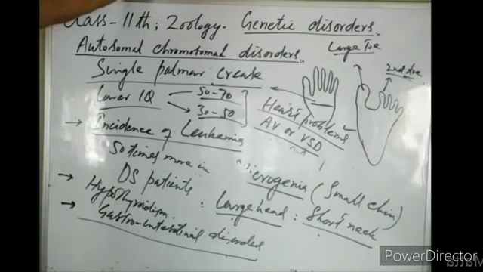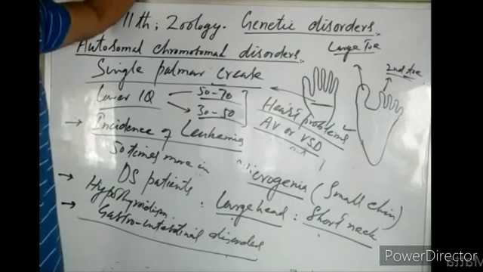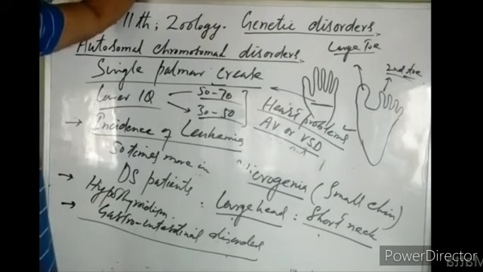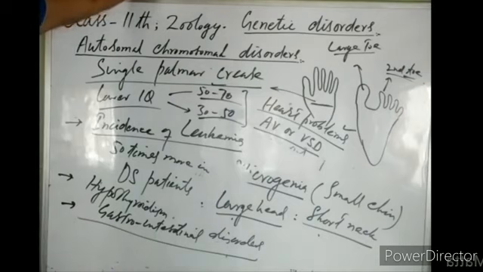They also have a higher risk of hypothyroidism, so they also suffer from thyroid problems. They also suffer from gastrointestinal disorders. Malfunctioning of the alimentary canal is very common in these Down syndrome patients. Males usually become infertile because of defects in spermatogenesis.